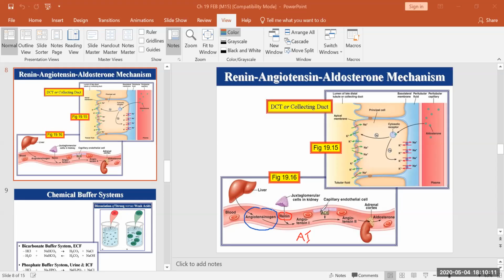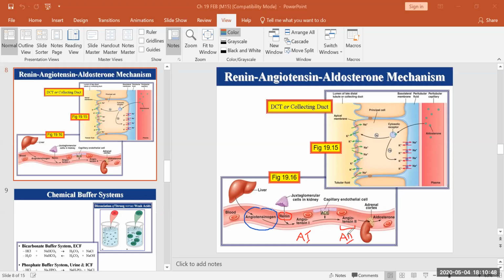On the endothelial cells, meaning the simple squamous epithelial cells lining the capillary walls, they produce and release another enzyme called ACE, angiotensin converting enzyme. This enzyme will convert angiotensin 1 into an active hormone, angiotensin 2.